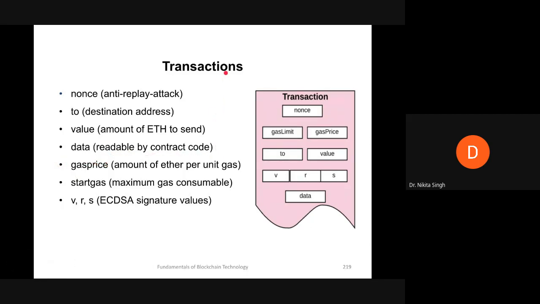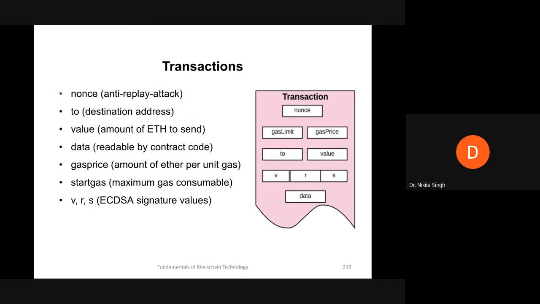Also, if this is a transaction that is initiating a smart contract, then it can also have some data which is readable by the contract code. We'll see all of this when we study Solidity.